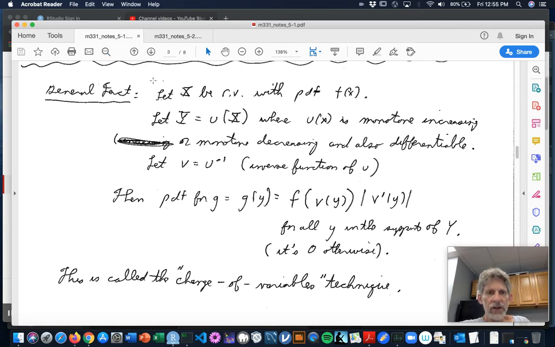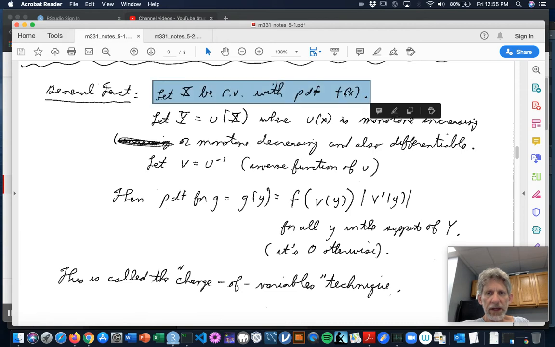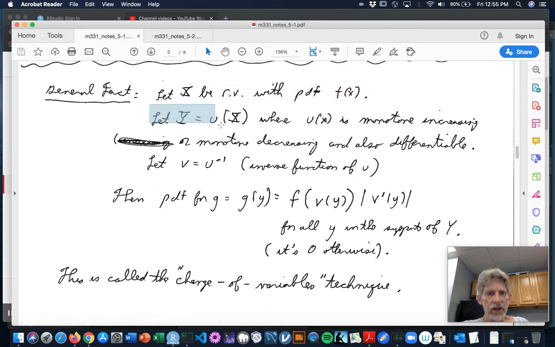So let's let X be a random variable with PDF f of x, and let's let Y be some transformation u of X, where that function u is monotone increasing or monotone decreasing, okay? Either one. And also it needs to be differentiable.